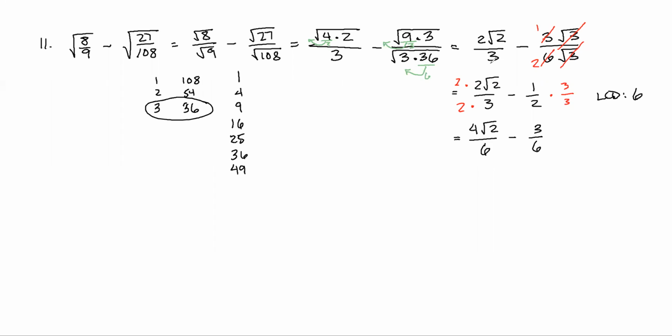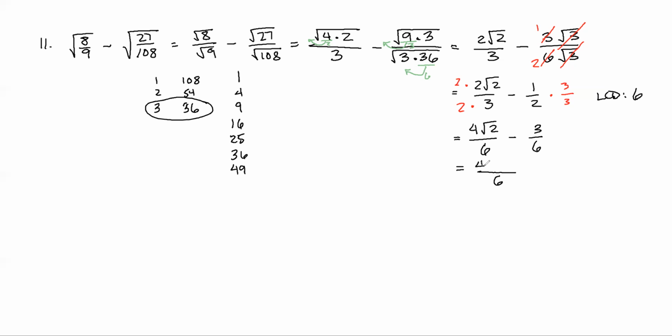Now, if we go ahead and subtract, we can get our common denominator of 6, but on the top, this one has a 4 square root of 2, this one has a 3. Because that 3 does not have a square root of 2 paired with it, we can't actually put these into a single term.